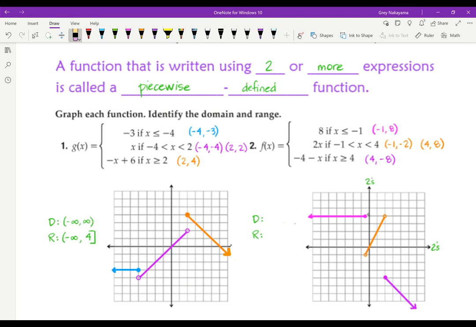X is less than negative 1, so I'm graphing to the left. The middle piece is the easiest. Plot the 2 points, connect them. And then the last one, you have this point. And one of the ways to remember is I can't go this way when I graph it with my slope of negative 1, because then it wouldn't pass the vertical line test.